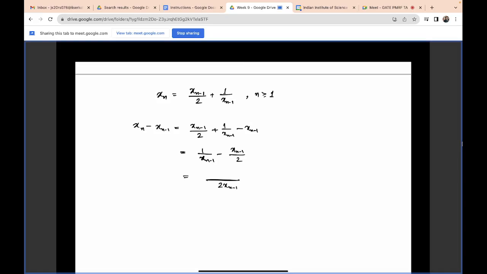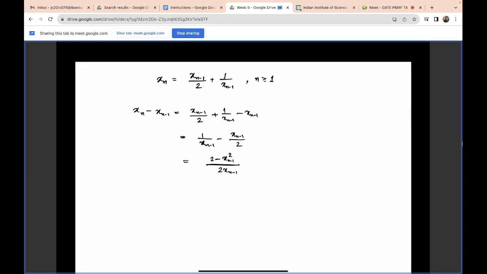If you simplify this, we will get (2 minus x_{n-1} squared) over 2x_{n-1}. So you have to check when this is greater than or less than 0, in order to check whether this is monotonically increasing or decreasing.